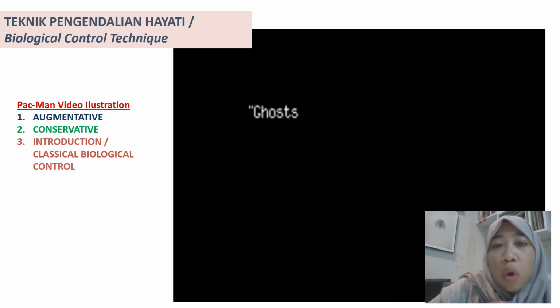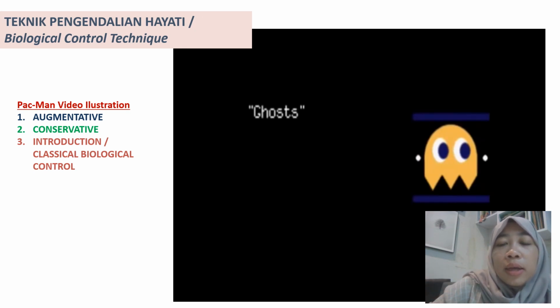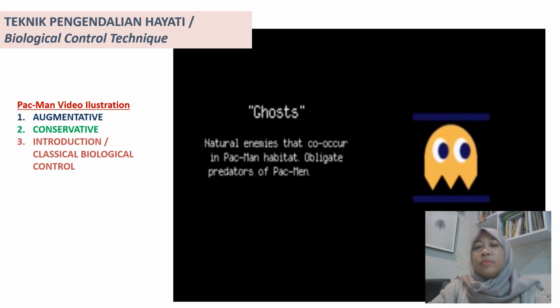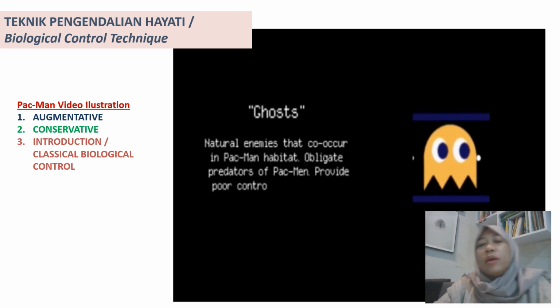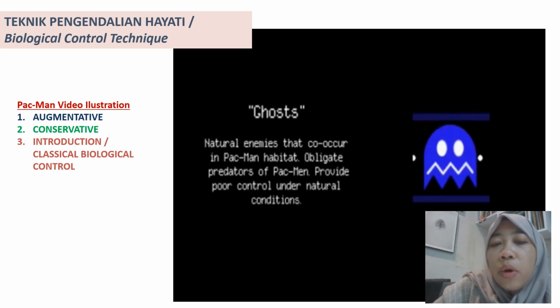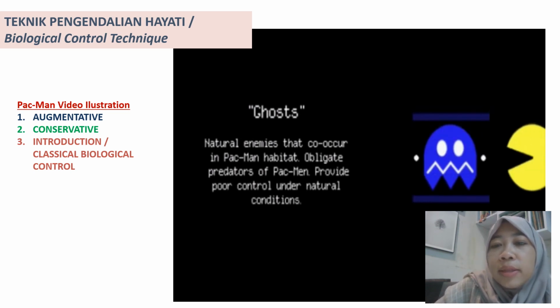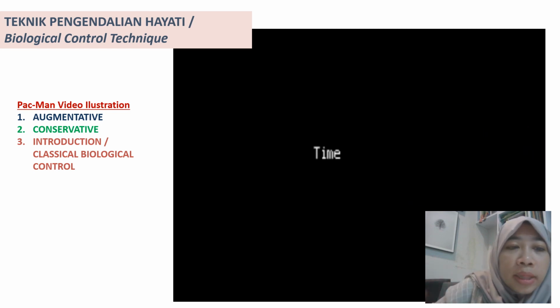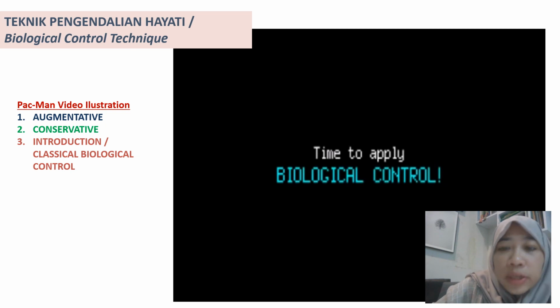And this is the ghost. The ghost is the natural enemy. Natural enemies could be predators or parasitoids. And how do we manage the pest by augmentative, conservative, and introduction?